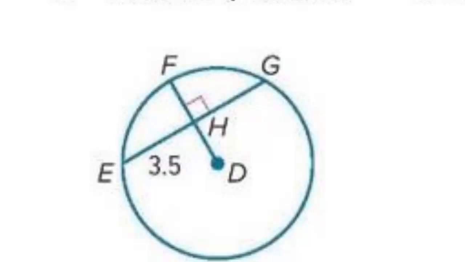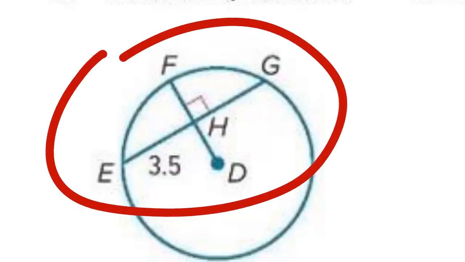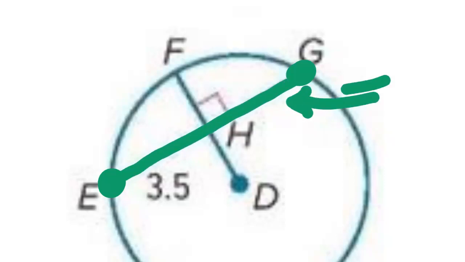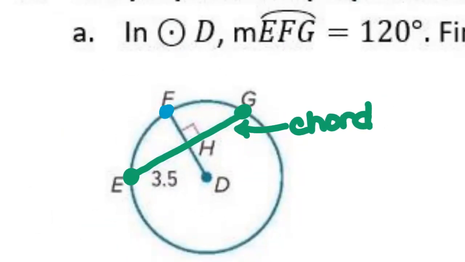Where's the chord in this picture? Which piece is the chord? EG. Remember, chords have their endpoints on the circle. So EG is a chord. What would we call segment FD?